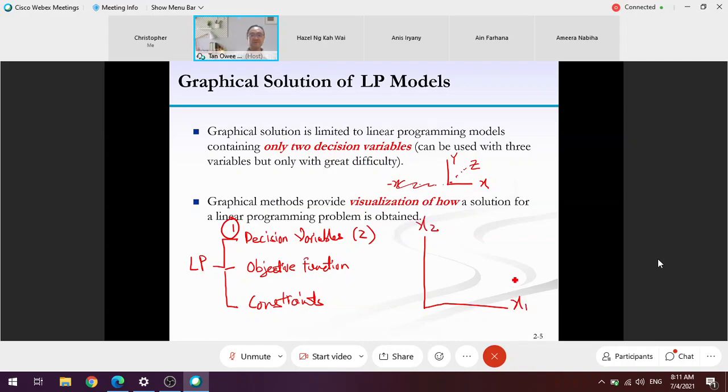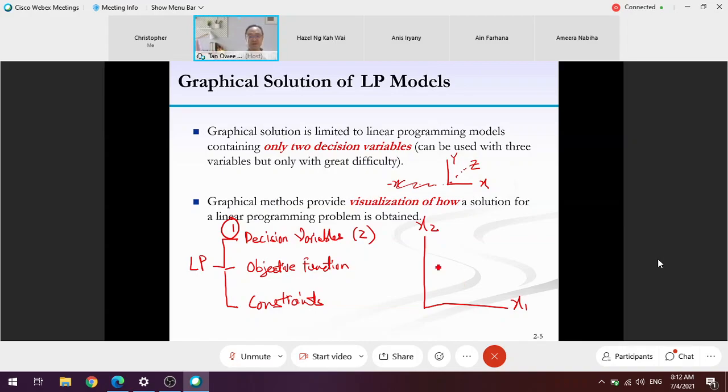Remember when we develop a linear programming, the first step is we put let x1 equal to what, x2 equal to what? So the first step is to develop the axes representing the decision variables. By saying so, only a problem having 2 variables can be resolved using the graphical method. Okay, this is the first step.